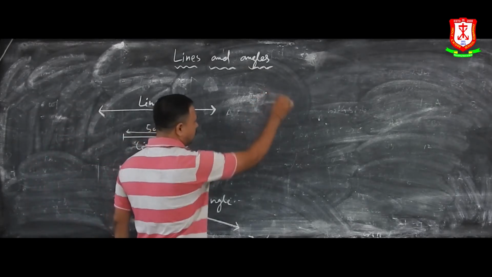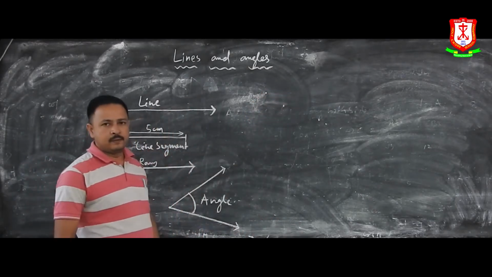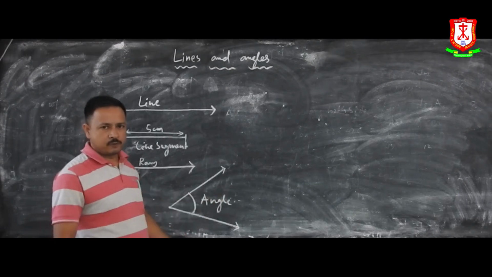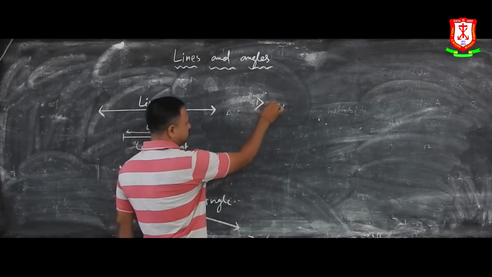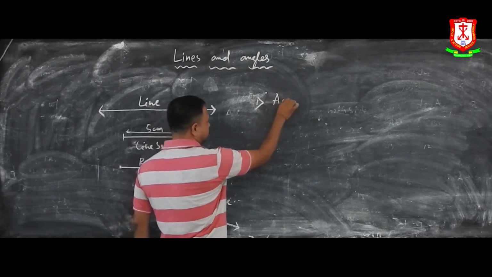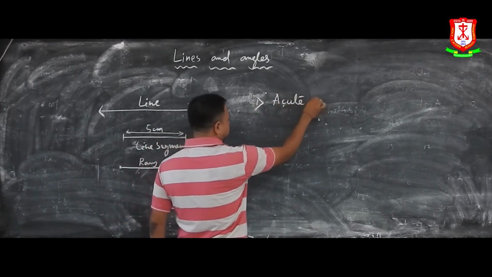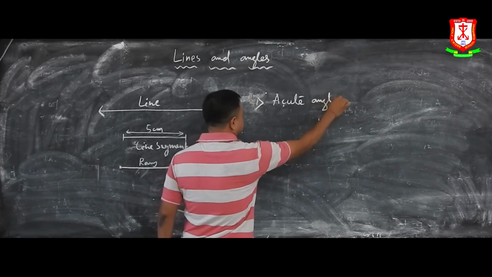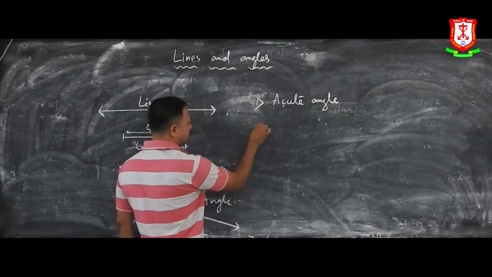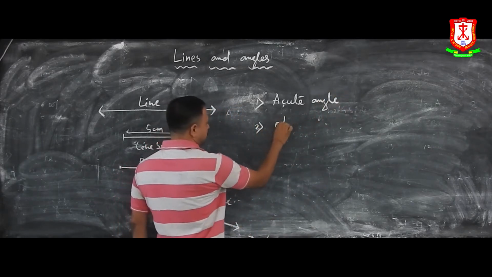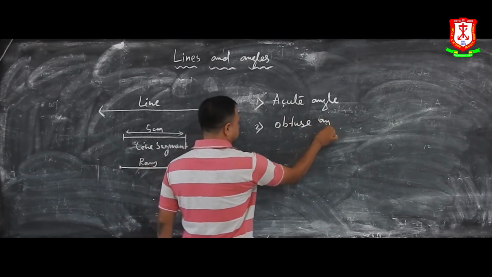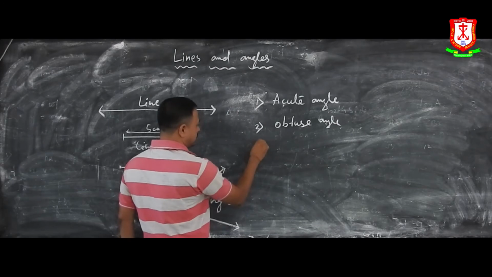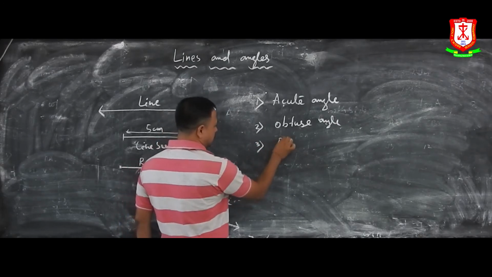So there are various types of angles. Number one, acute angle. Number two, obtuse angle. Then number three, right angle.